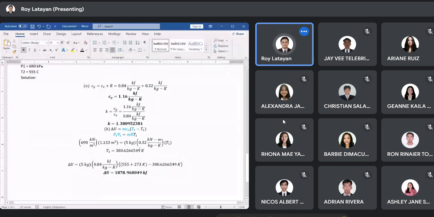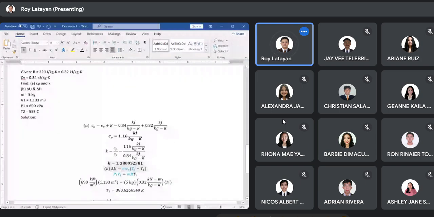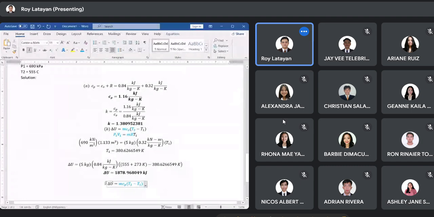So meron na tayo nito, delta H naman. So similar to delta U, papatan mo lang siya ng Cp. So meron na, given same pa rin yung mass na consider. Cp naman is nakuha na natin, 1.16. T2 is the same, tapos T1 is nakuha na. So lahat ito ay meron na tayo. So we can just simply substitute yung enthalpy.